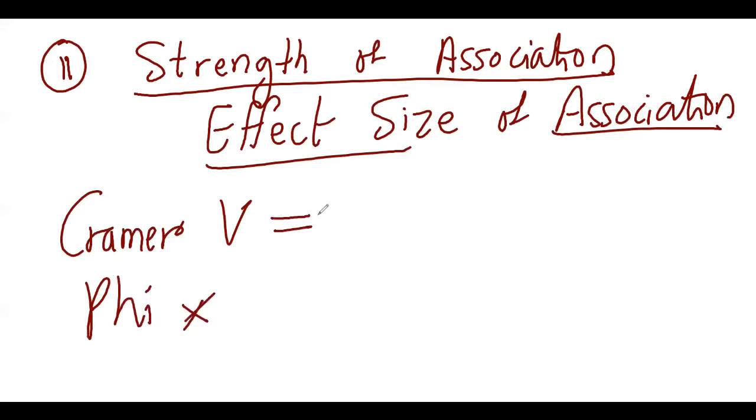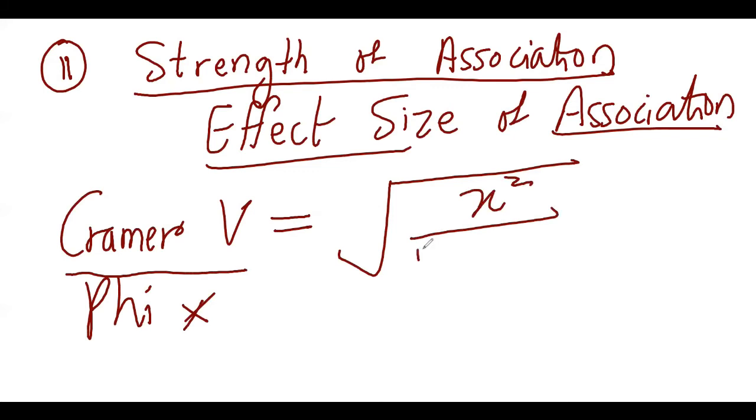Most researchers apply Kramer V, which is equal to the chi-square value upon sample size multiplied by V minus 1. This is the formula for Kramer V, and n is the sample size.